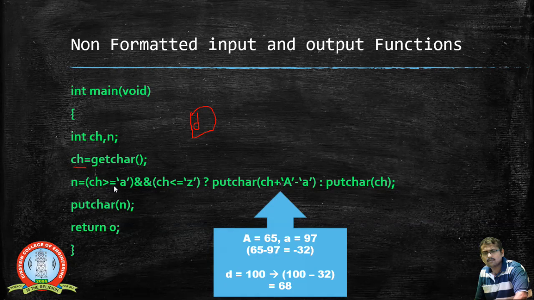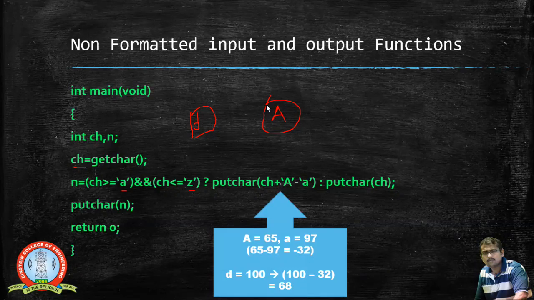This line checks whether this D falls in between small a and small z. Of course, this is a lowercase character, so it falls in between these two. So if it is a true condition, this part will get executed. And suppose I am entering some other character, for example a capital A over here, then this condition will ultimately fail. So this part will execute, meaning in the output I will get the same character.